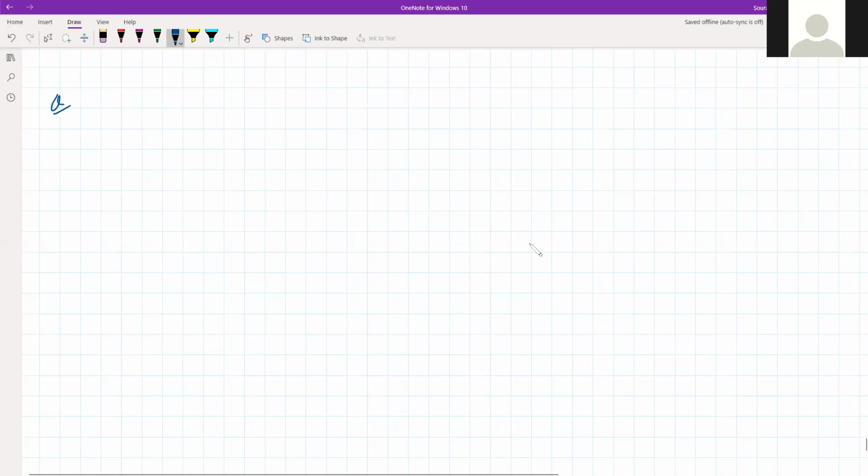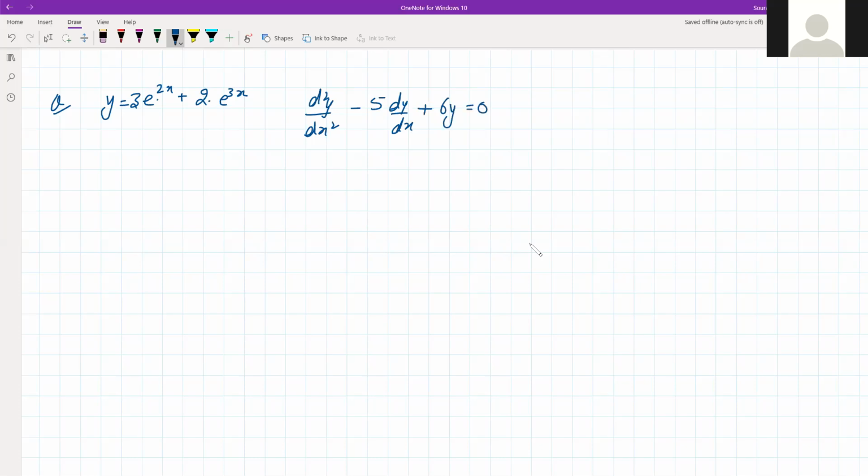In our next question, we have y is equal to 3 into e to the power 2x plus 2 into e to the power 3x. And what do we have to do? We have to prove that d square y by dx square minus 5 dy by dx plus 6y is equal to 0.